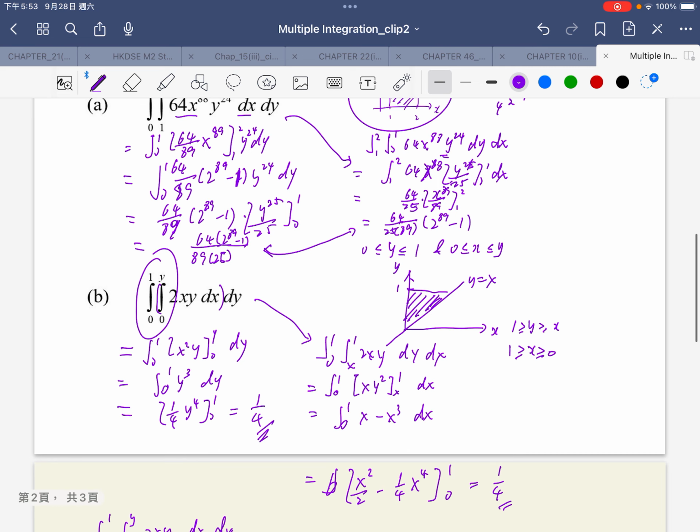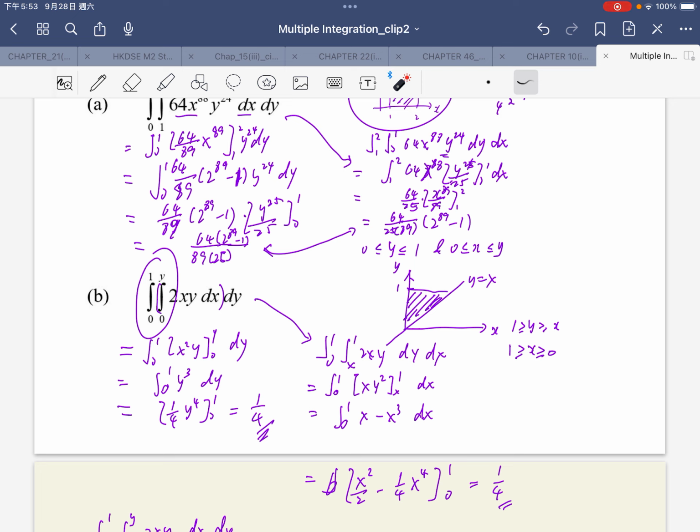But once the upper bound and lower bound contain a variable related to the other integration variable, then we cannot exchange the position. If you want to, we have to follow the region along which the function is integrated, and change the region with the corresponding figures.